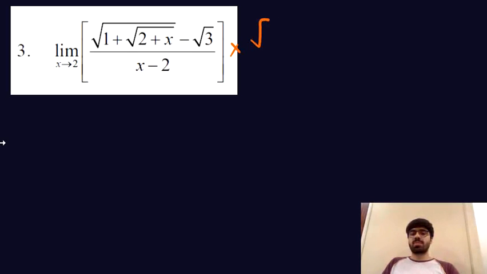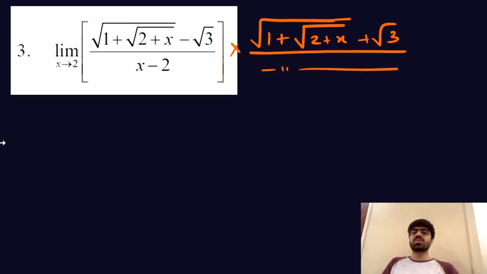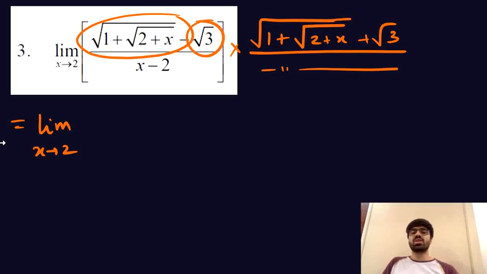So rationalize it by multiplying it with root over 1 plus root over 2 plus x plus root 3 divided by the same very expression. So that will give you limit of x tends to 2. In the numerator it will be a square minus b square.